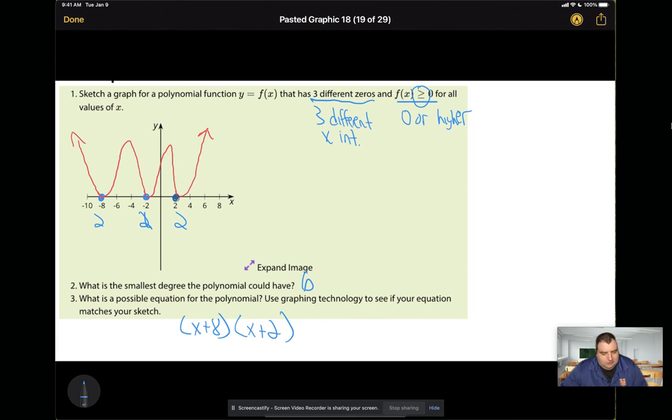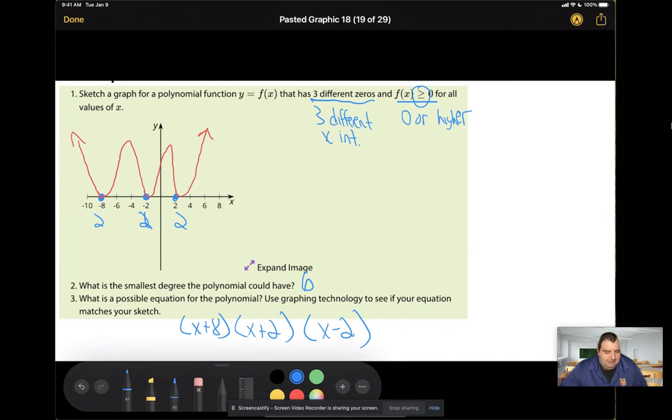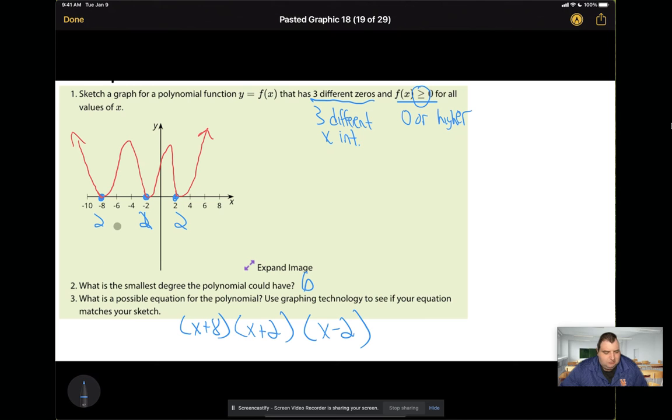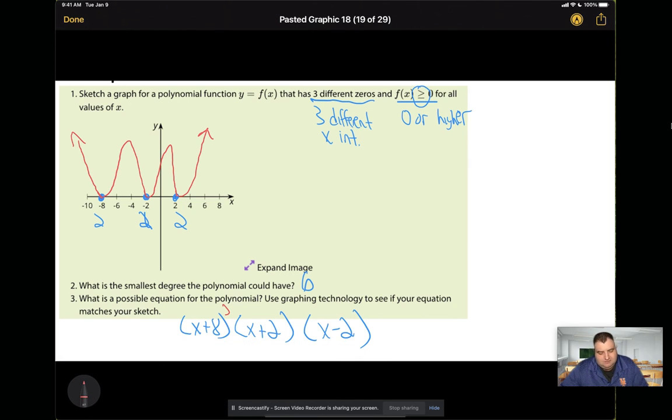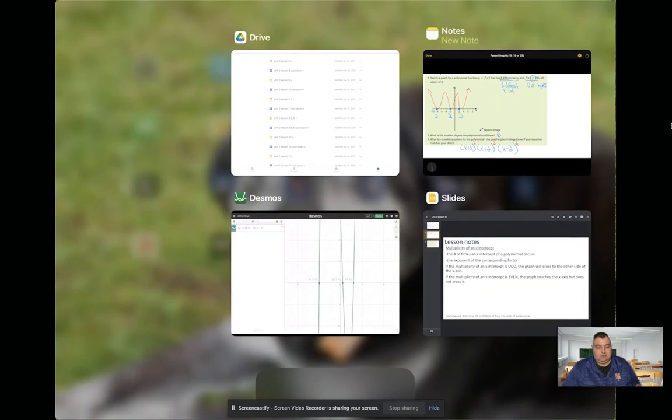And for 2, my corresponding factor would have to be x minus 2. And if each of them has a multiplicity of 2, which again is the lowest they could be, then the exponents on each of the factors would have to be 2. So this would be a possible equation for the polynomial: (x plus 8) squared, (x plus 2) squared, and (x minus 2) squared. Let's actually graph this on Desmos and see what it looks like.